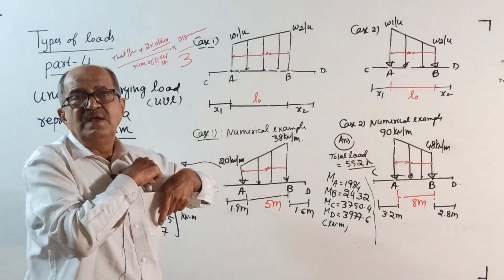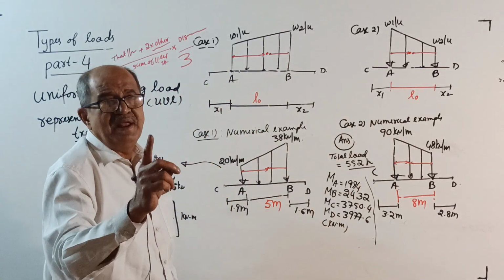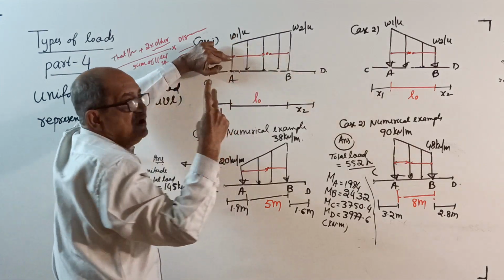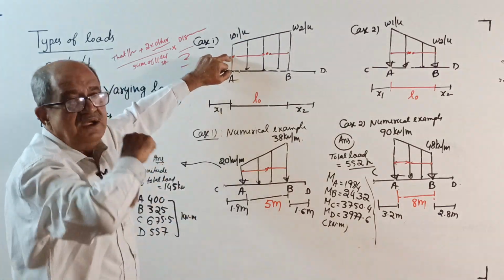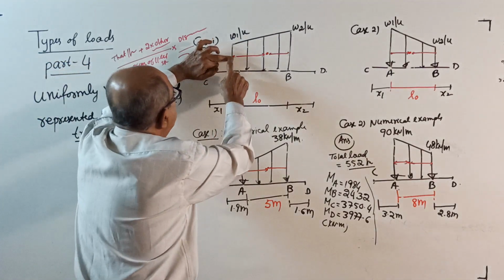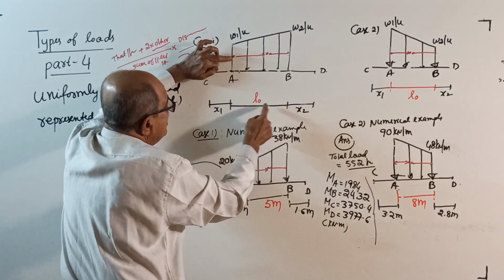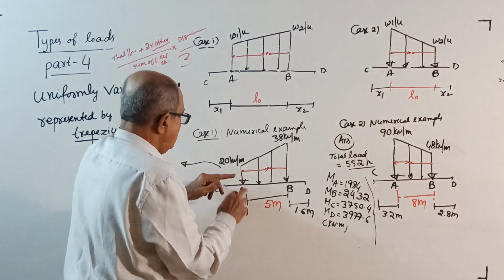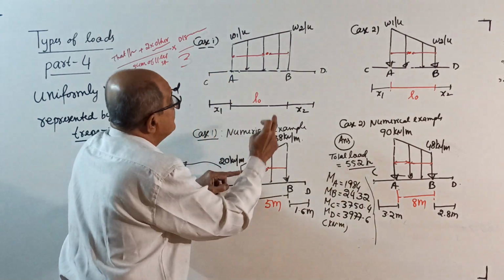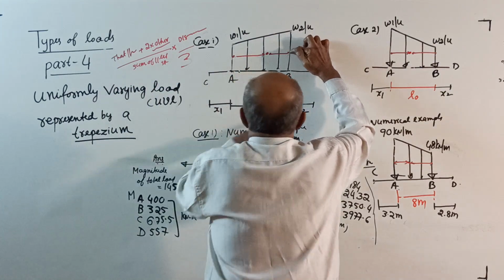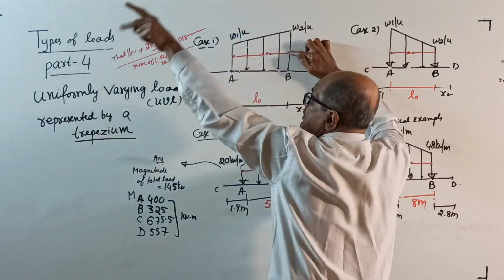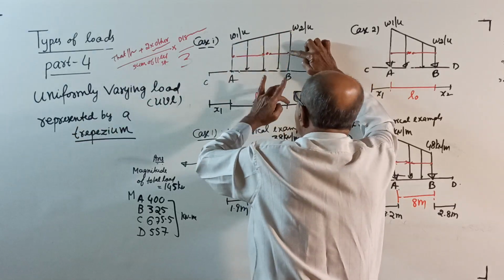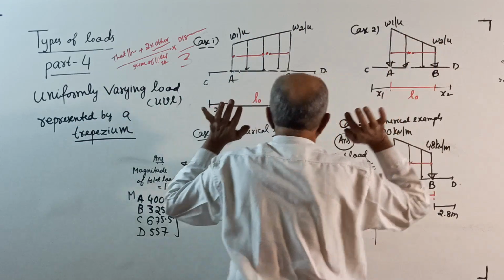Now for this one, I will not explain later. If I want this distance, W1 plus twice of W2 divided by W1 plus W2 into L0 by 3. Same thing here also. If you want from this side, W2 plus twice of W1 divided by W2 plus W1 into L0 by 3, same here.